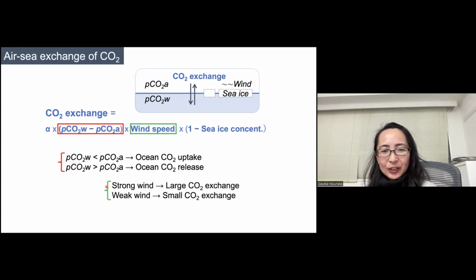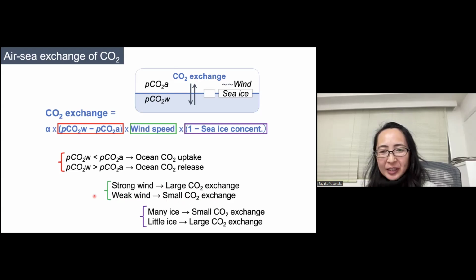When the wind is strong, the CO2 exchange is large, and when the wind is weak, it is small. Sea ice works as a wall between the atmosphere and the ocean, so if there is a lot of sea ice, the CO2 exchange is small, and when there is little sea ice, it is large.